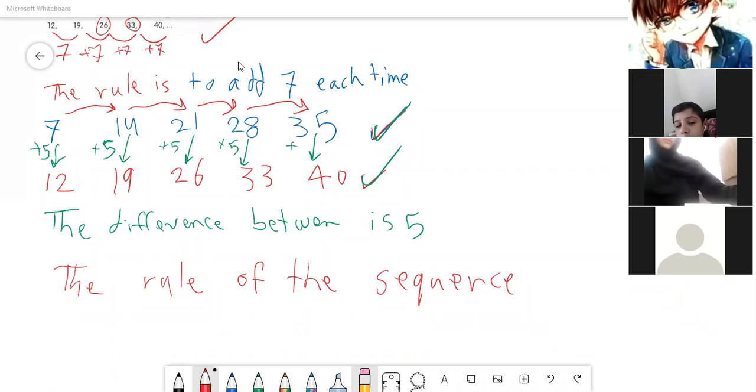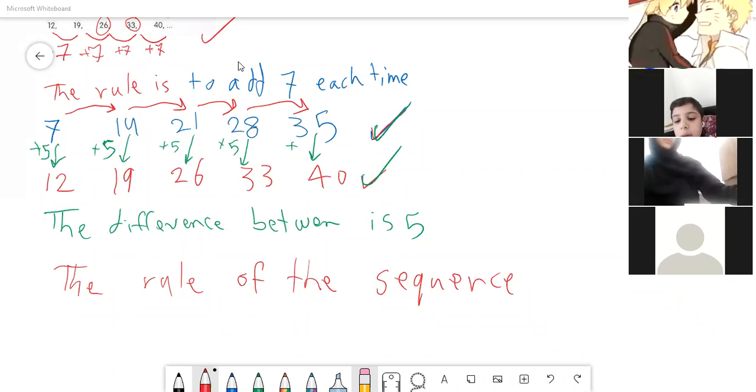We are adding 5 to what? To the sequence. Which sequence? The first one, multiples of 7, right? Yes.